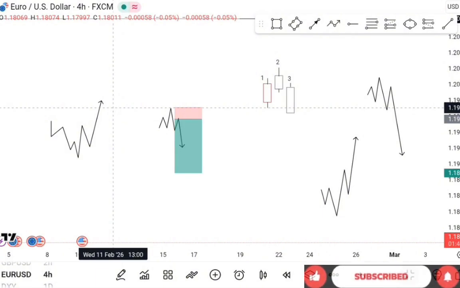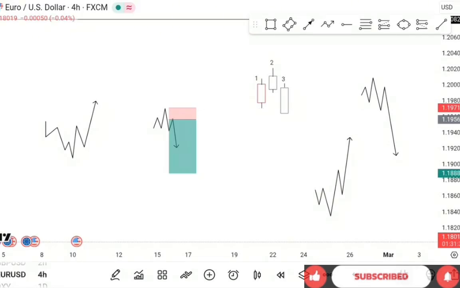The market does not move randomly. Price sets a trap, then creates imbalance, and finally expands. Once you understand this structure, trading becomes clarity, not stress. Now think back to trades you've taken in the past.